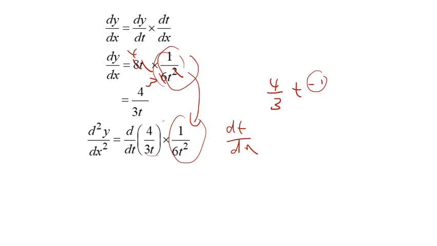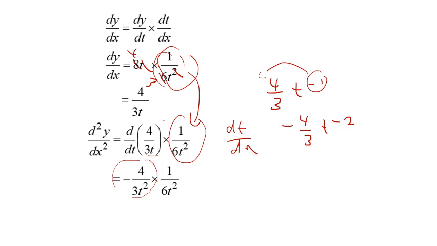When we differentiate, we bring negative 1 to the front, so negative 4 over 3 t, and the degree decreases further by 1, so t to the power of negative 2. Then we bring t below back, so we get negative 4 over 3t squared. As I said, we multiply with dt/dx, that is 1 over 6t squared.